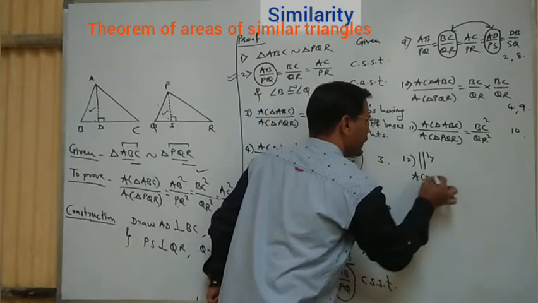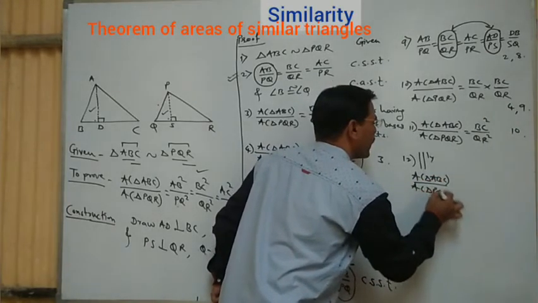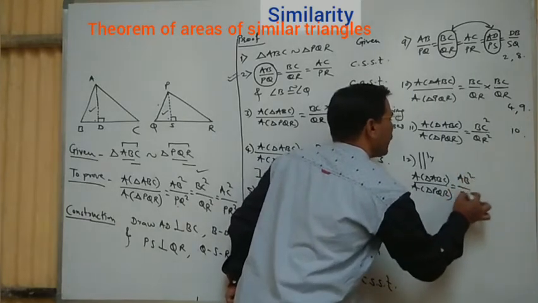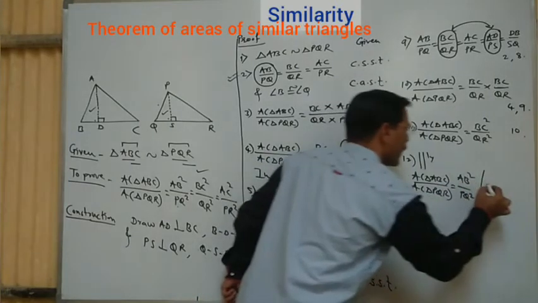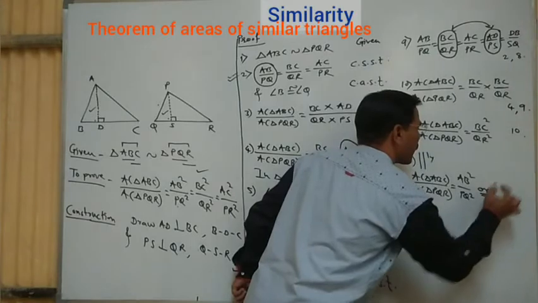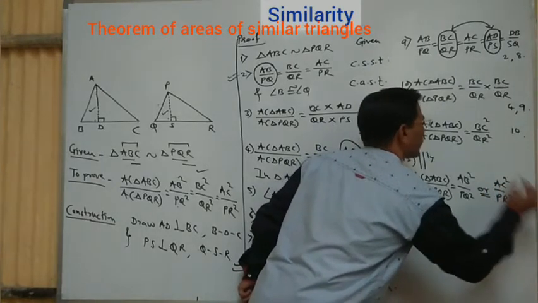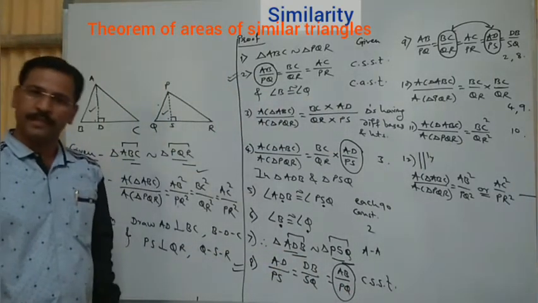Similarly, area of triangle ABC upon area of triangle PQR is equal to AB square by PQ square, or you may write AC square upon PR square. This is similar, so there is no need to write out the result.